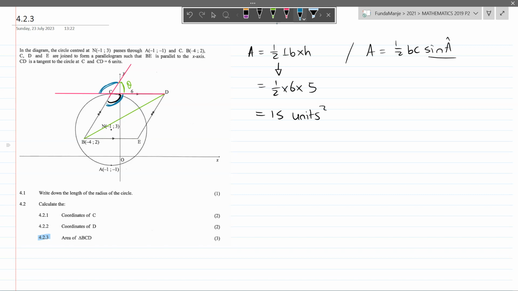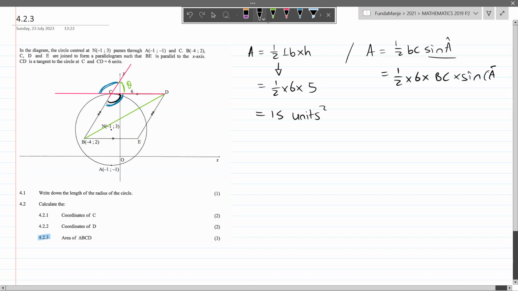So you need this length, because your formula will be a half times, let me write this in black, a half times our base, or not base in this case, just the two sides, which will be 6 times the length of BC, and multiplied by sine of A, which you would have found at that point.